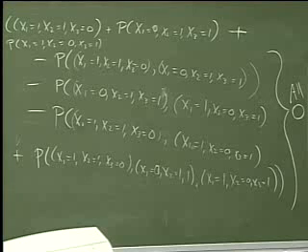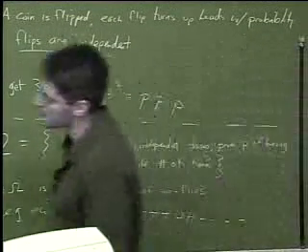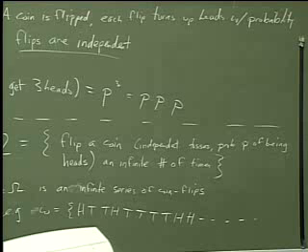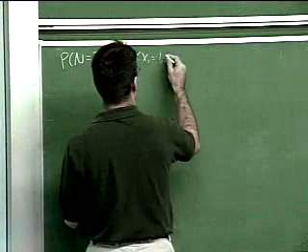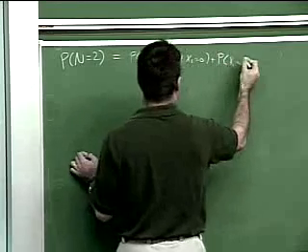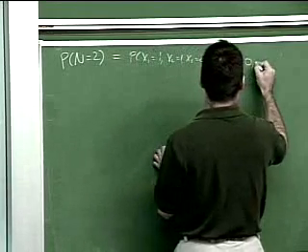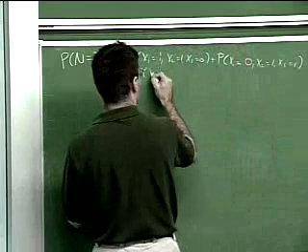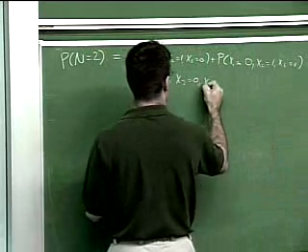Okay, so the probability that n equals 2 is just going to be the probability that x1 equals 1, x2 equals 1, x3 equals 0, plus the probability x1 equals 0, x2 equals 1, x3 equals 1, plus the probability x1 equals 1, x2 equals 0, x3 equals 1.